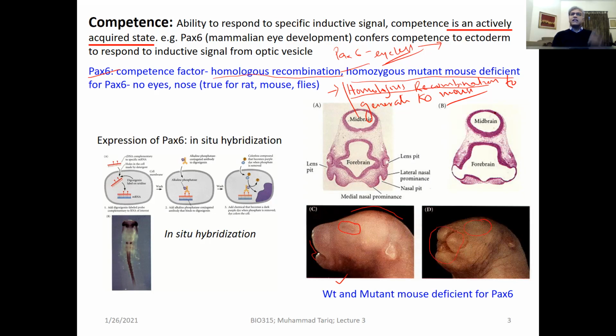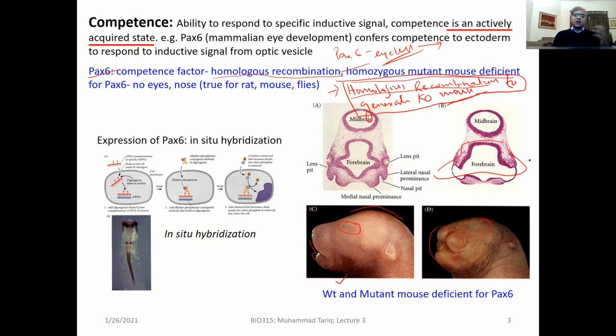And if we take slices of the brain, what we see is that the forebrain and the formation of the brain is drastically impacted. There's a severe defect, and these mice die at an early stage.